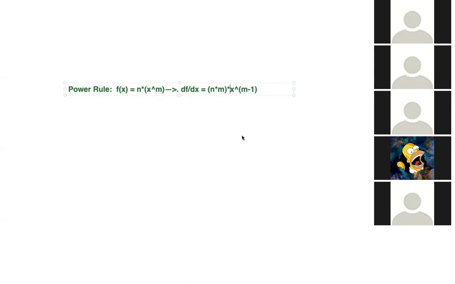Okay, so that's just the formula. And they'll explain to you in calculus why this formula makes sense.